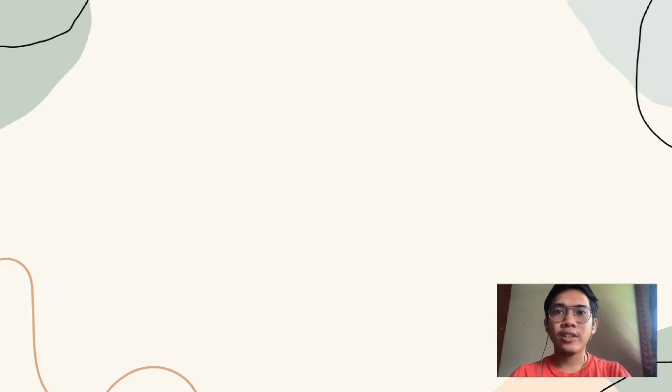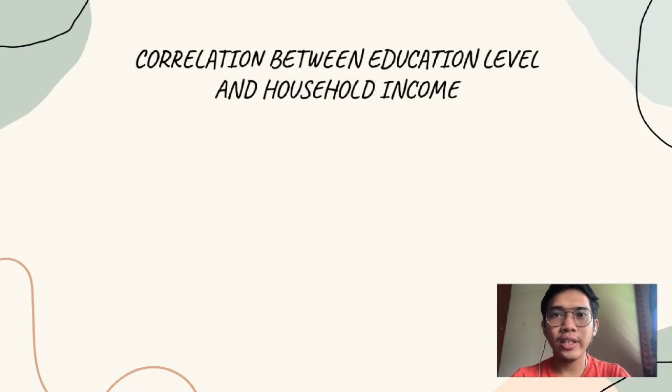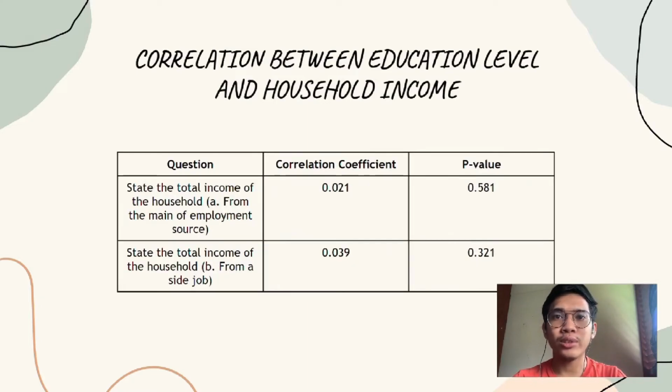Next is correlation between education level and household income. For question 1, p-value 0.581 is more than 0.05, indicating there is no significant difference between education level and household income from main employment. Correlation coefficient value 0.021 means between education level of head of household and head of household income from main employment there was weak positive interaction.